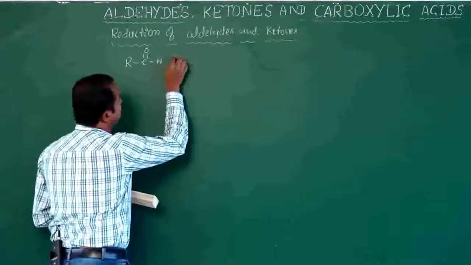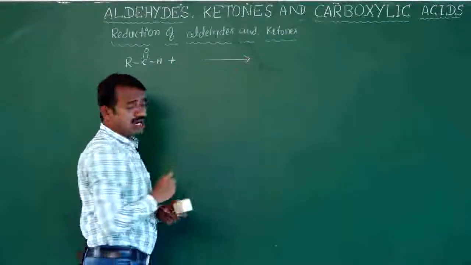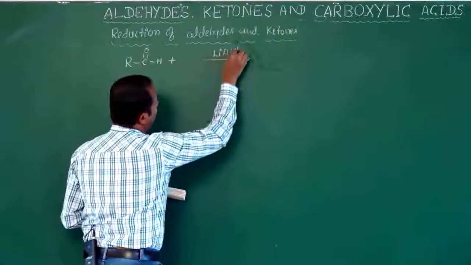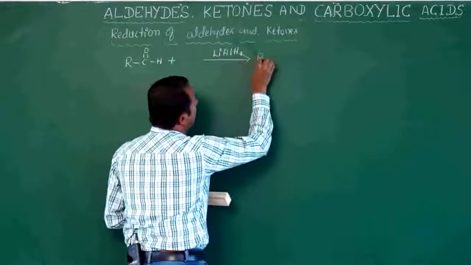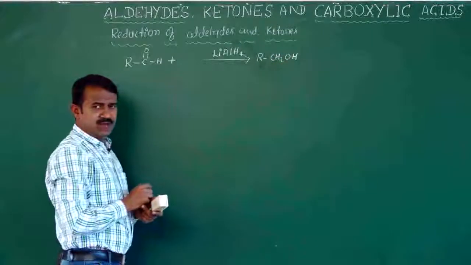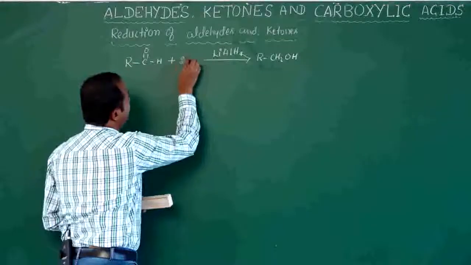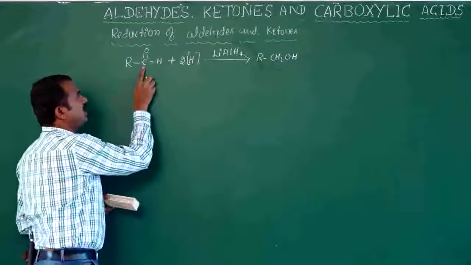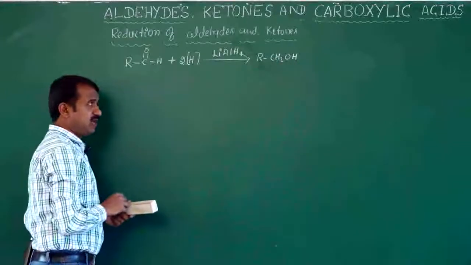Aldehydes on reduction with lithium aluminum hydride or sodium borohydride form RCH2OH. This is a primary alcohol. The aldehyde reacts with 2 hydrogens, one hydrogen is attached here, another hydrogen is attached to give RCH2OH. This is a primary alcohol.